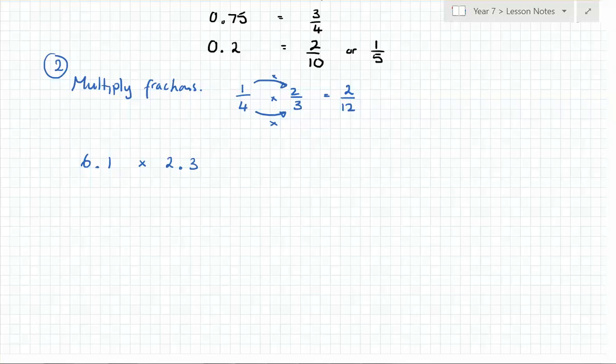Now, one way to think about it is to say, well, there are 2 decimal places in the question, therefore the answer will have 2 decimal places. And that's a shortcut way of doing what I'm going to do, which is this. I don't want to multiply with decimals. I'm going to multiply with fractions instead. So 6.1, I am going to say, is 61 over 10.